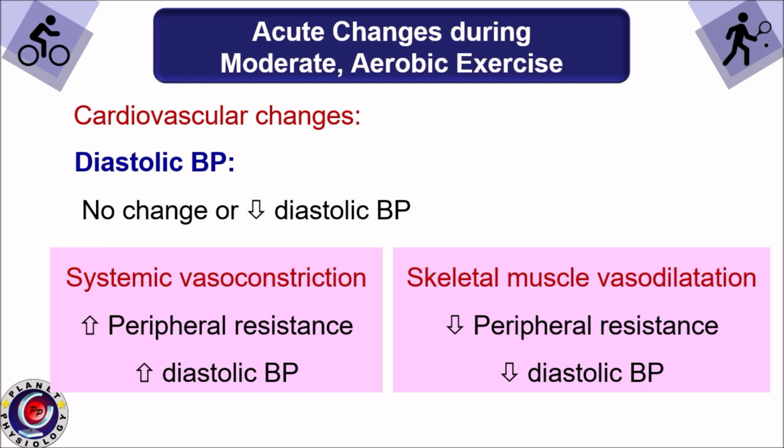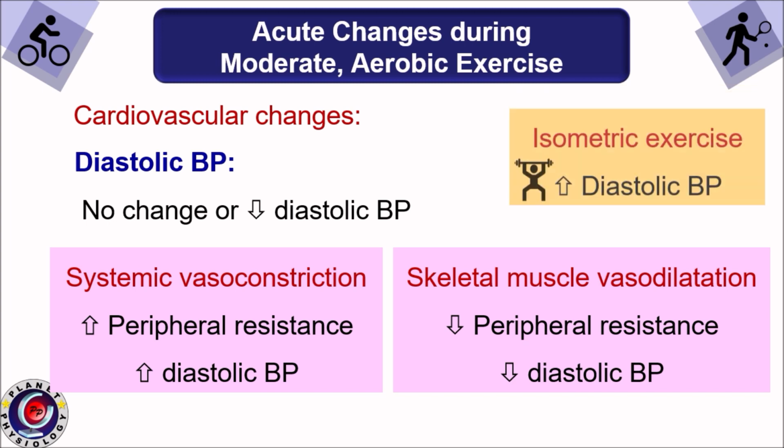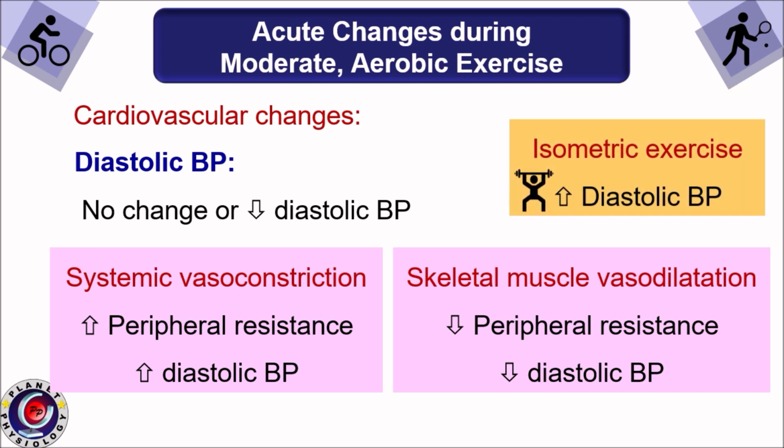These will nullify each other and the diastolic pressure will be maintained normal, or there will not be any change in the diastolic blood pressure. So this is about moderate aerobic exercise. But if the person is performing any isometric type of exercise, then definitely there will be increase in diastolic blood pressure. So please remember, effect of exercise on diastolic blood pressure will depend on the type of exercise.